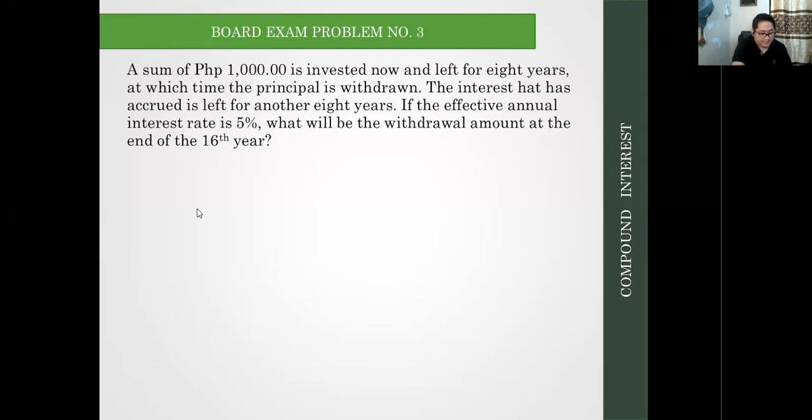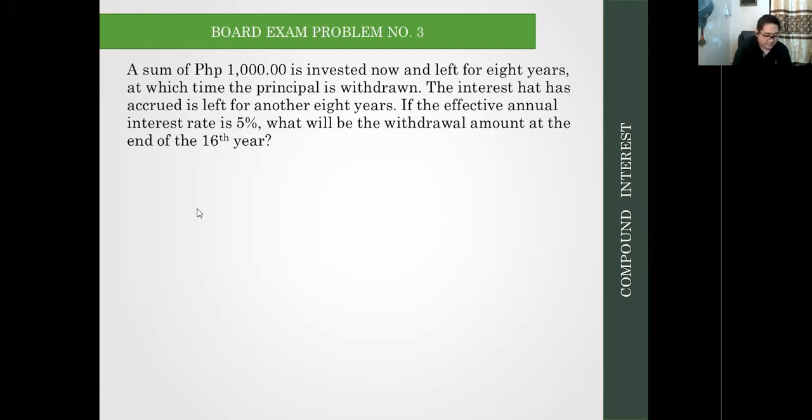So medyo mahaba yung problem natin, no? So check ko lang. So yun nangyari, nag-invest ka ng 1,000 for 8 years. And then yung principal, winidraw niya. So yung 1,000 winidraw. Ang iniwan lang niya is yung interest amount na ipon sa loob ng 8 taon dun sa account niya.